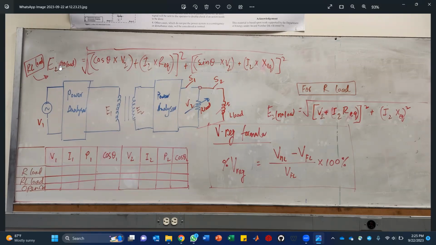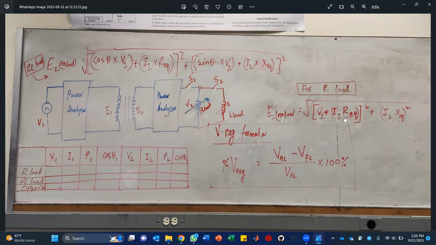But I want you to calculate also using this formula. Like for instance, for R load, E2 or no load will be V2 plus I2 R equivalent square plus I2 X equivalent square.